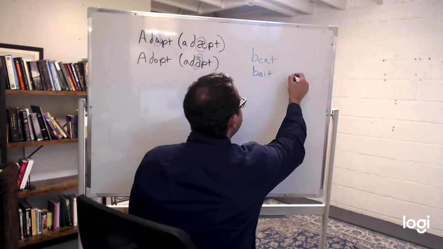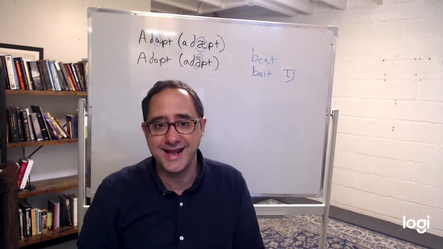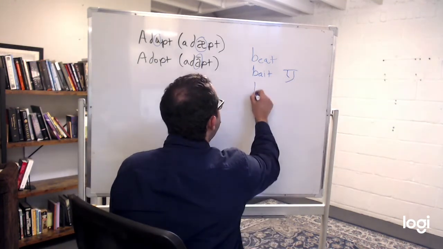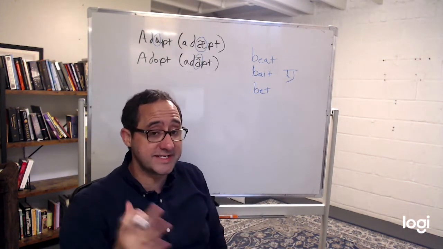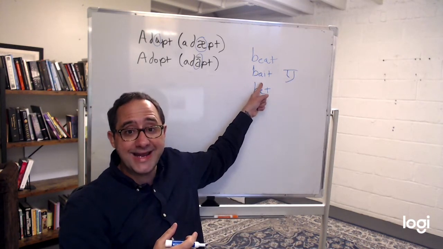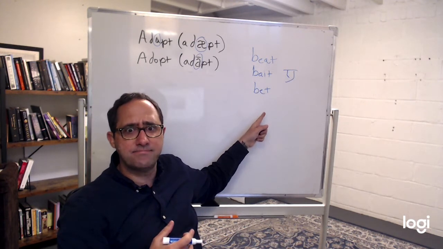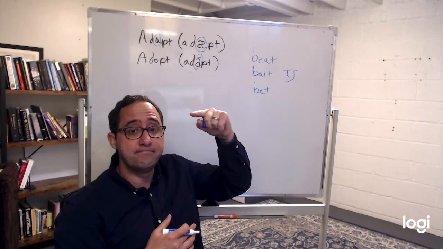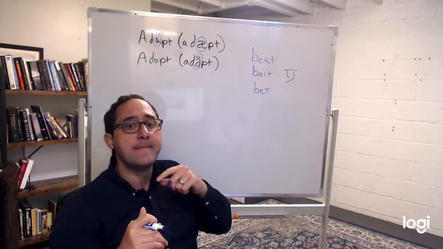Almost like in Hindi, if you make this sound. Bait. Then there's bet. You don't have this in Hindi. In a lot of languages, you don't have this one. You have bait, or maybe beat, but this one, bet, you might not have. So beat, bait. This is a diphthong. Bait, bet, bat.